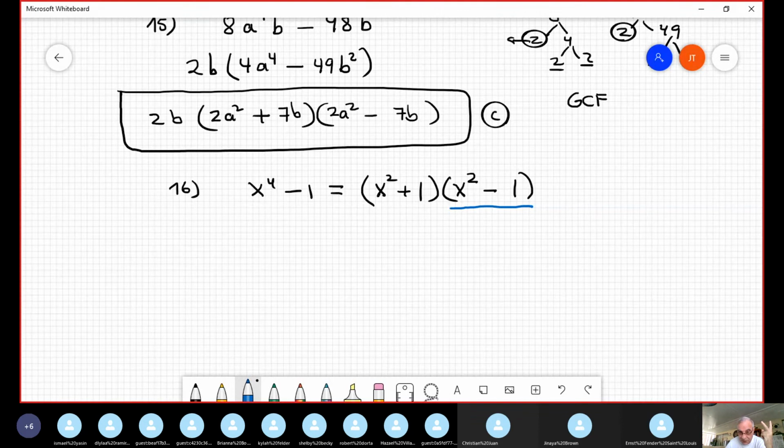For the first case, the exponent decreases from 4 to 2. And now this is a sum of squares, a prime expression, so we cannot factor it. But x squared minus 1 factors as x plus 1 and x minus 1. And this is the final answer.